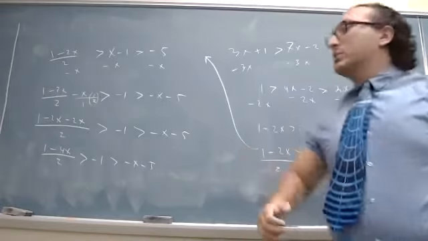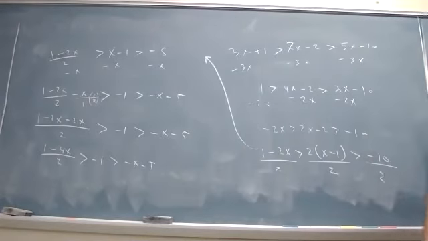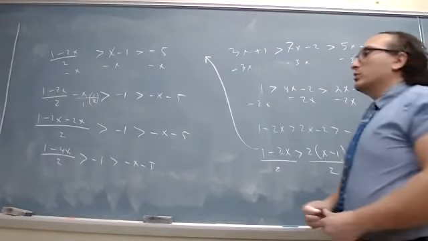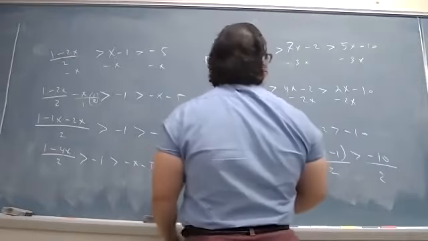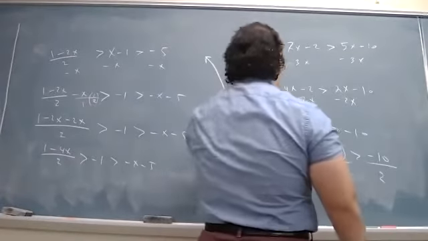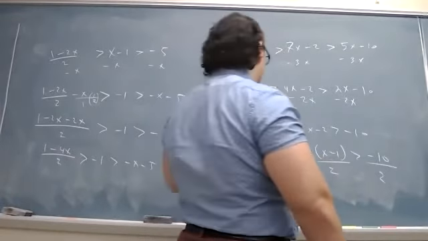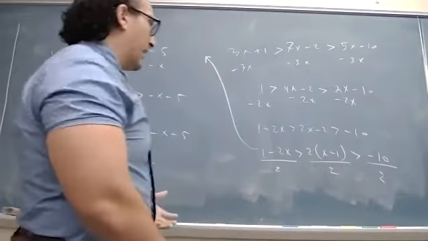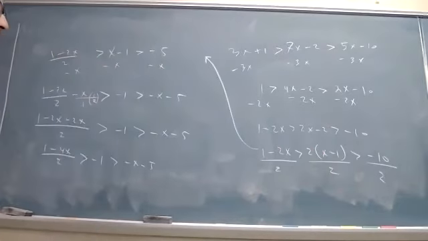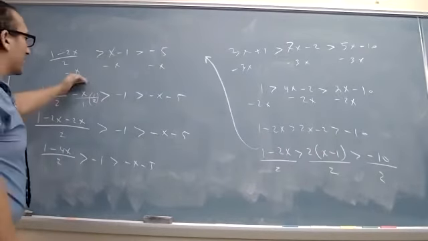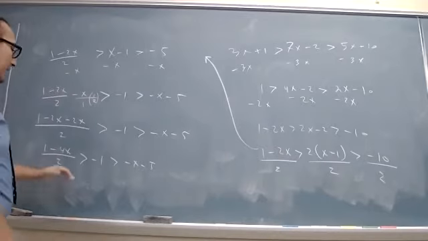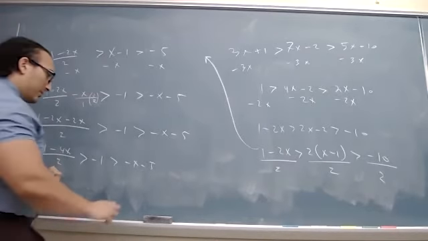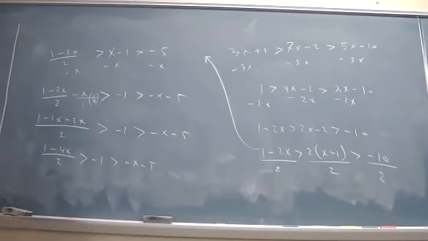Notice that when you try to solve these inequalities simultaneously, you keep going down a rabbit trail. You're like, okay, let me subtract the 3x. What happens? Uh-oh. Let me subtract the 2x. What happens? Uh-oh. Let me factor out a 2. Let me divide by 2, and I get this, and I get that, but there's always an x here, and there's always an x here. I can't combine them.